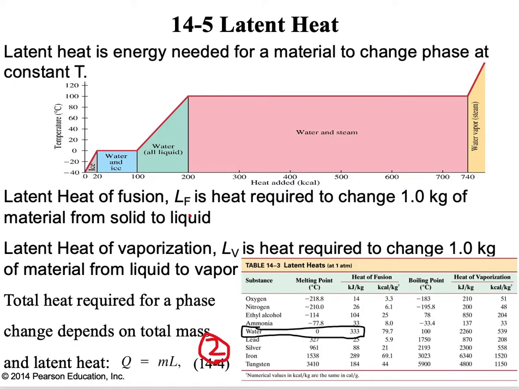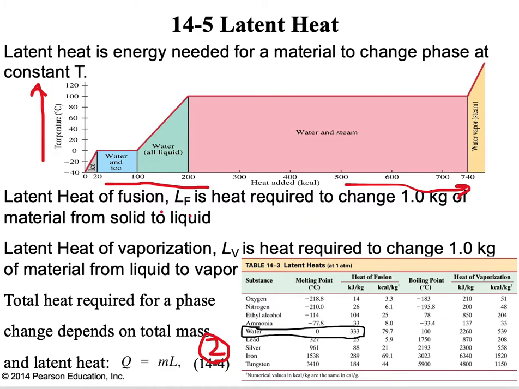Now we have a second equation for heat, and that's called latent heat. And this is whenever you have a phase change. So here we're looking at a diagram of temperature on the left axis, and we have heat added in kcal on the horizontal axis.